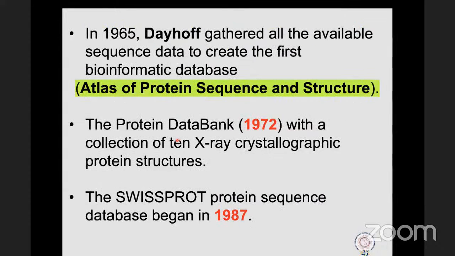Then in 1965, they gathered all the available sequences and created the first database, called the Atlas of Protein Sequence and Structure. This is the world's first reported database.